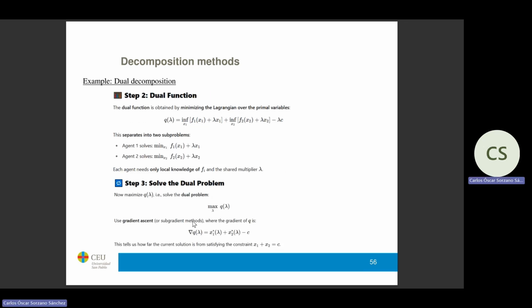Then you can use whatever method you want: set this to 0, or gradient descent, or whatever, so you find the best lambda. Once you have the best lambda, you automatically have the best x1 and the best x2. And the thing is that this can be solved in parallel. You can split the problem into two sub-problems that might be easier to solve.